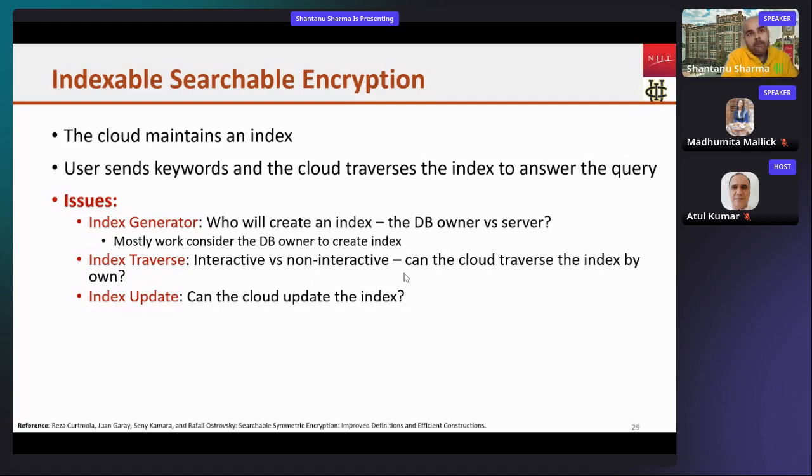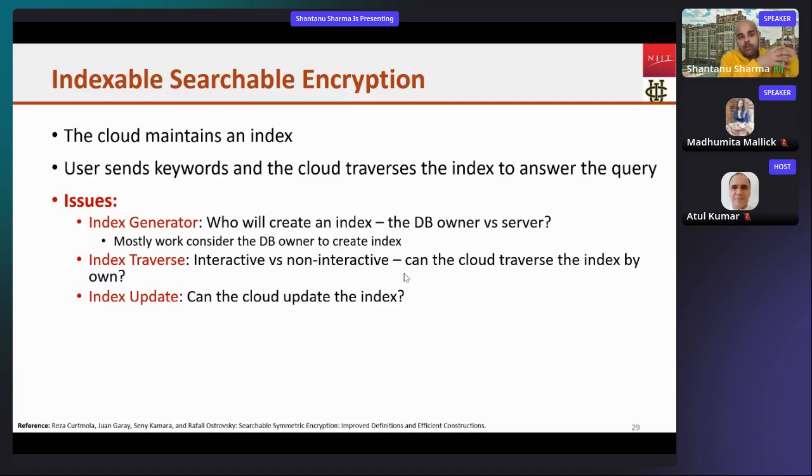So for every level of the tree, the cloud needs to interact with the user, and then they can traverse the index. If the cloud is asking at every level of the tree, this is not a very efficient technique. Next is how we can update the index if something is changing in the data set. Index update is a problem.